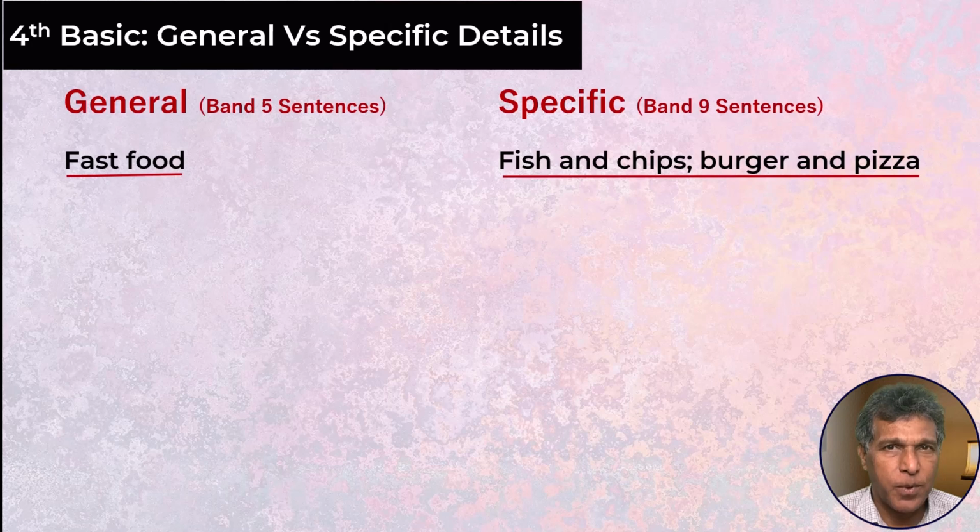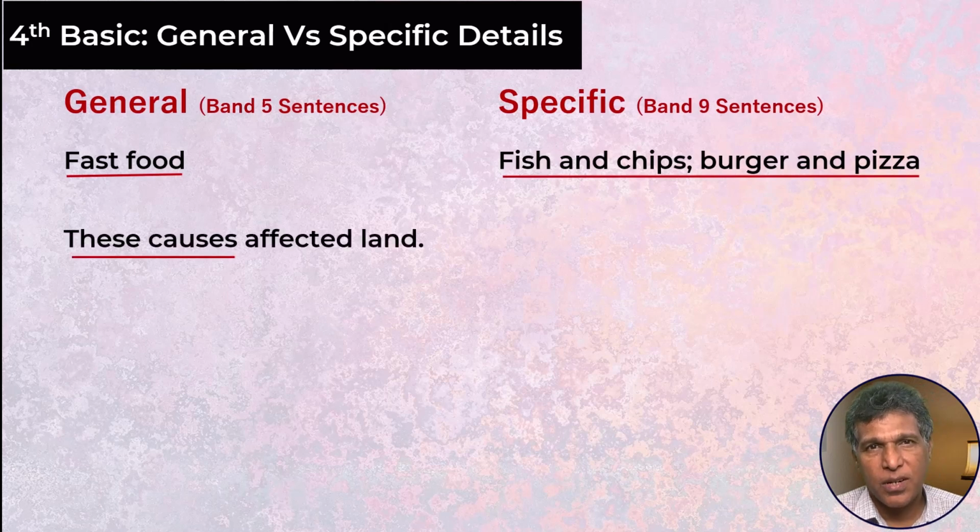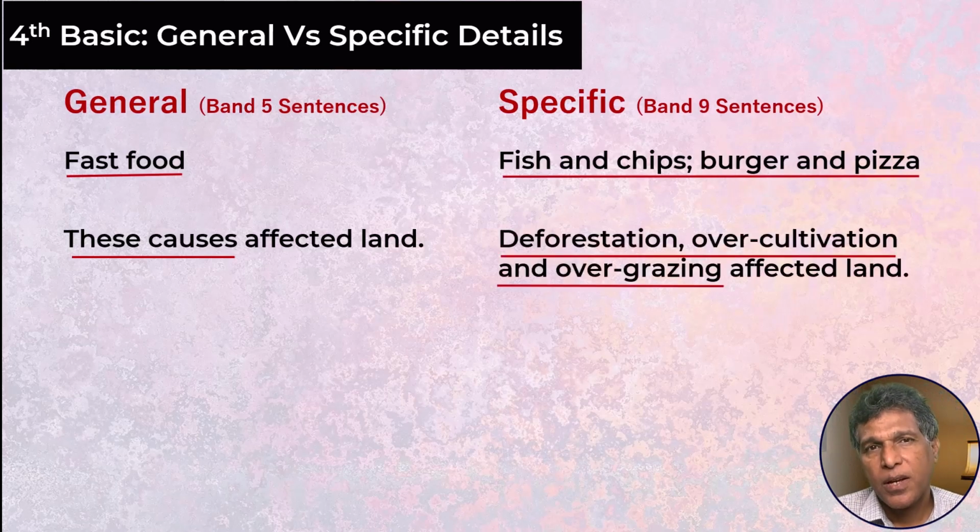The second example, these causes affected land. It's a general detail, okay? But if you say deforestation, overcultivation, and overgrazing affected land, that's specific. Now you are telling me, okay, exactly what those causes were.